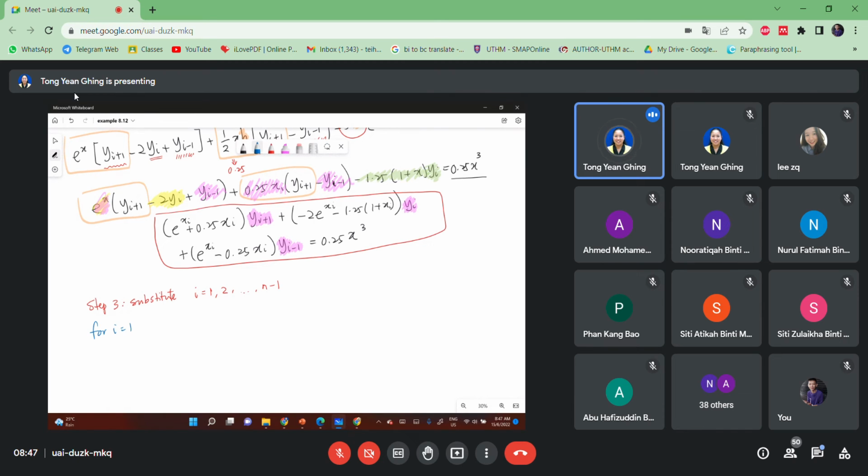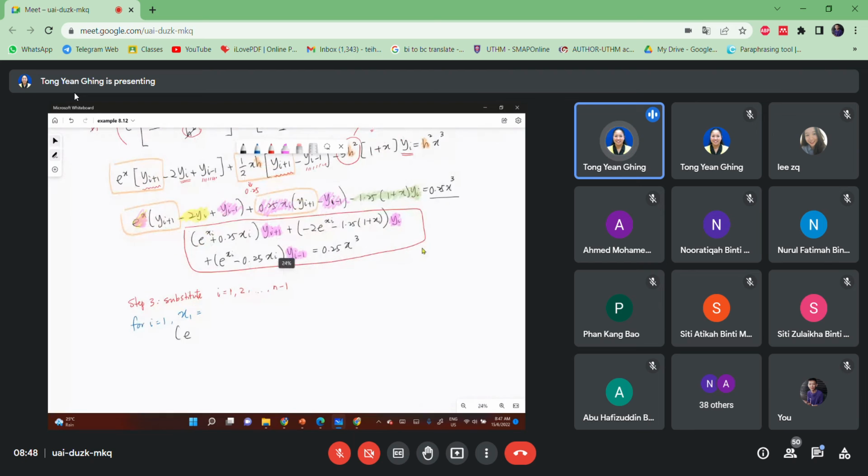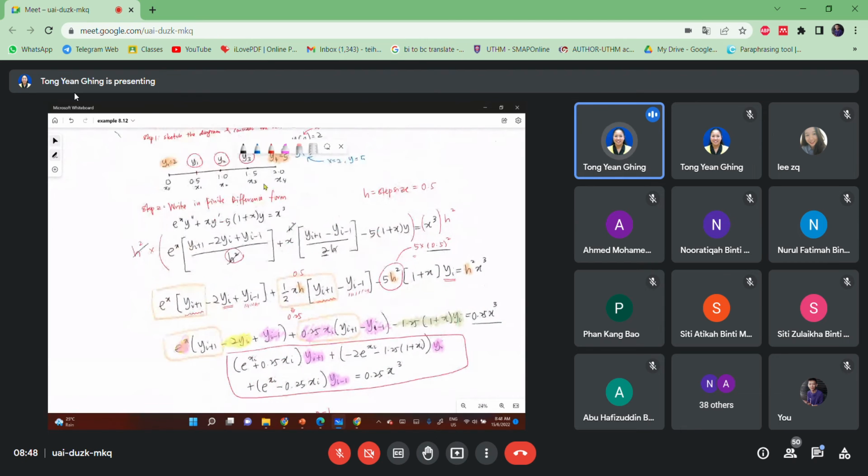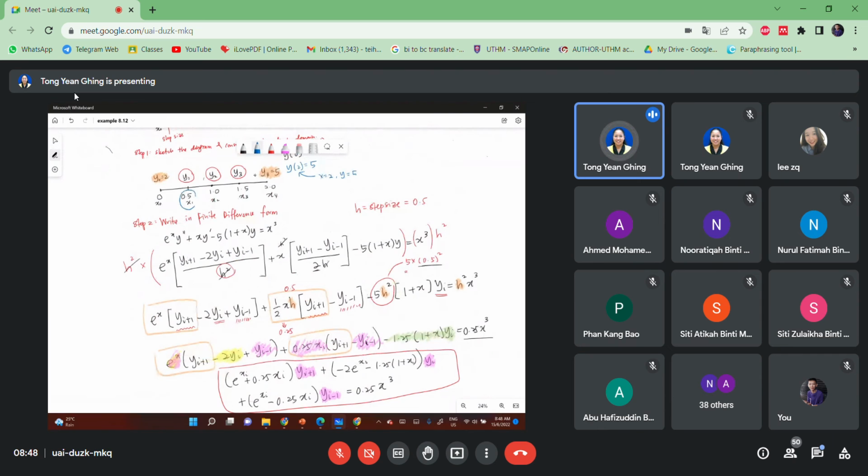So start for i equal to 1. Okay. So kita akan masukkan this formula dalam ni. That means e. Okay. So when i equal to 1, this means x1. x1 berapa? Go back to this one. Remember this one, x1. The x1 is 0.5 here. x1 is 0.5. Okay.